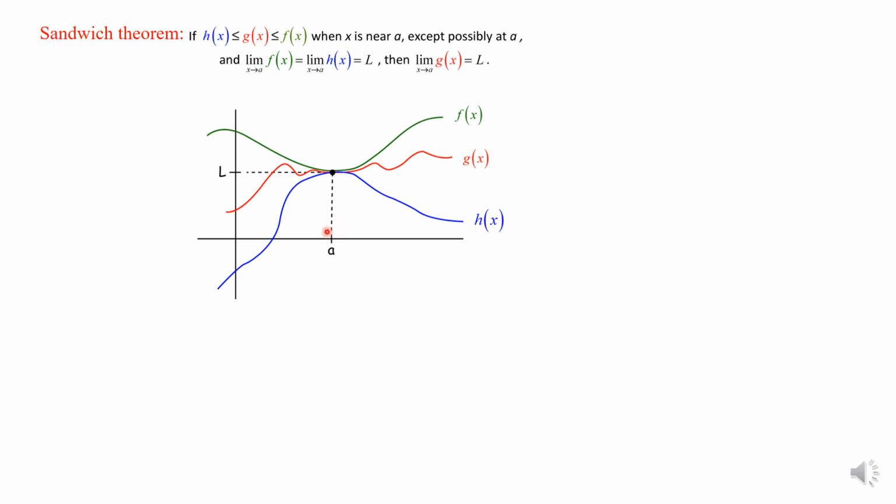So as x approaches a, both the top and the bottom curves, f and h, approach L. So the middle curve g has no choice but to approach L as well. Now the key idea here is that if a function is squeezed between two functions that meet at the same limit, then it must also meet them at the same limit too.